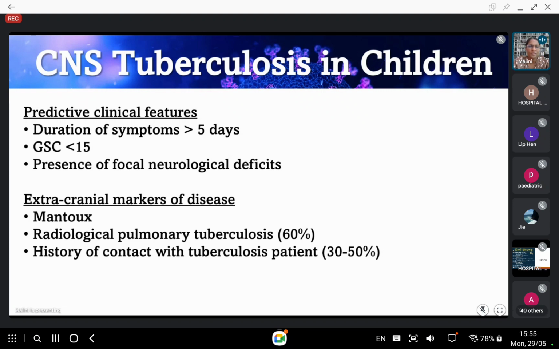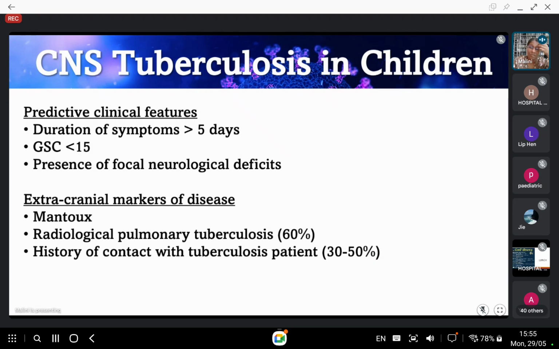So what are the predictive clinical features of CNS TB in children? It has a longer duration of symptoms, more than 5 days. At presentation, you might have a lower GCS, not full GCS, and focal neurological deficit.